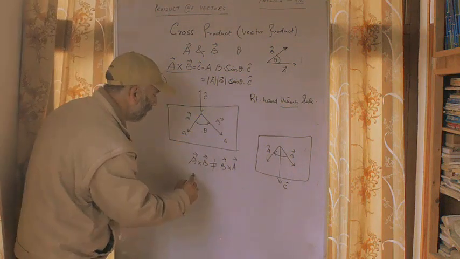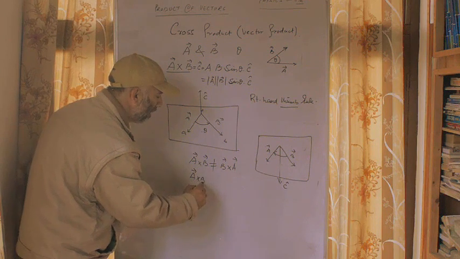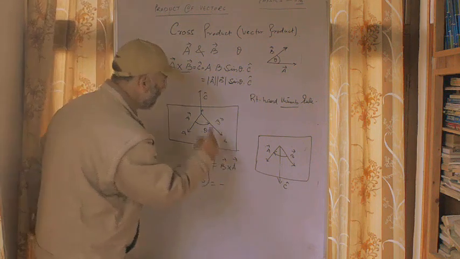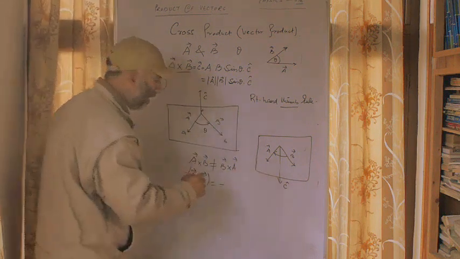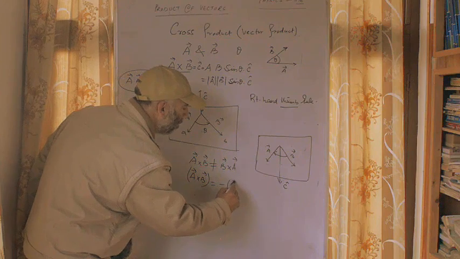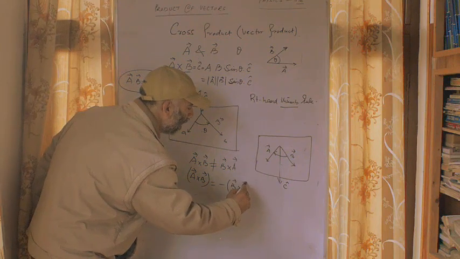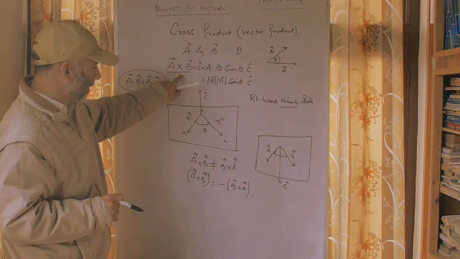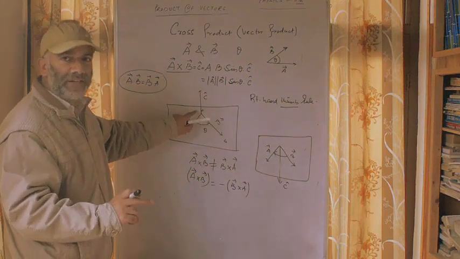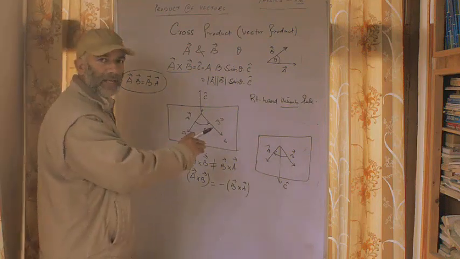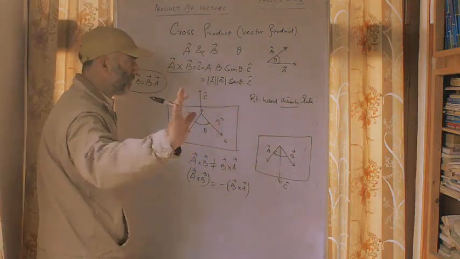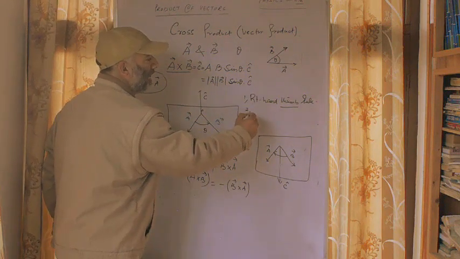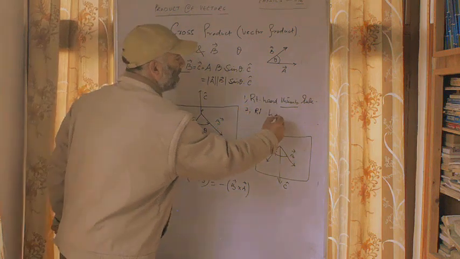However, we can write A cross B is equal to minus times B cross A, because this C and this C are equal but act in the opposite direction. So, in cross product of the two vectors, the resultant vector is perpendicular to the plane containing the two vectors, and its direction is given by right hand thumb rule, or second is right hand screw rule.